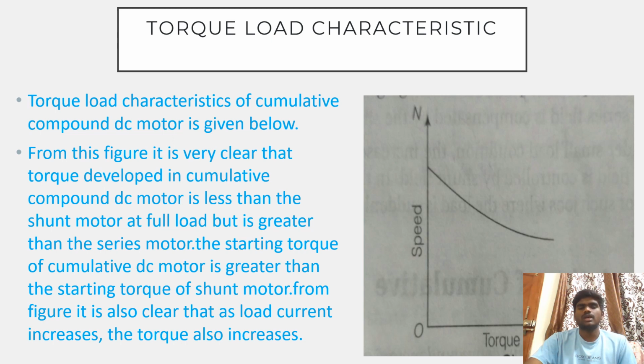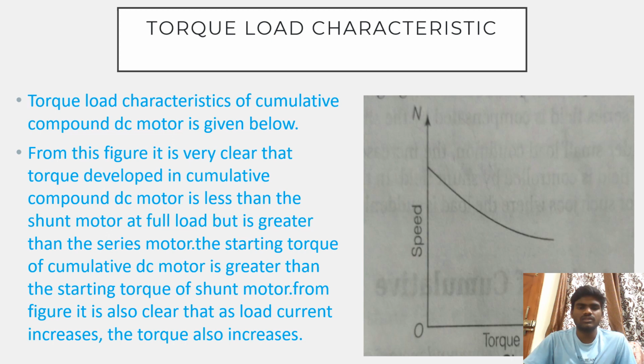First, the torque load characteristics. On the x-axis we have torque and on the y-axis we have speed. If the speed is increasing, the torque is decreasing. The torque load characteristics of the cumulative compound motor are given below.